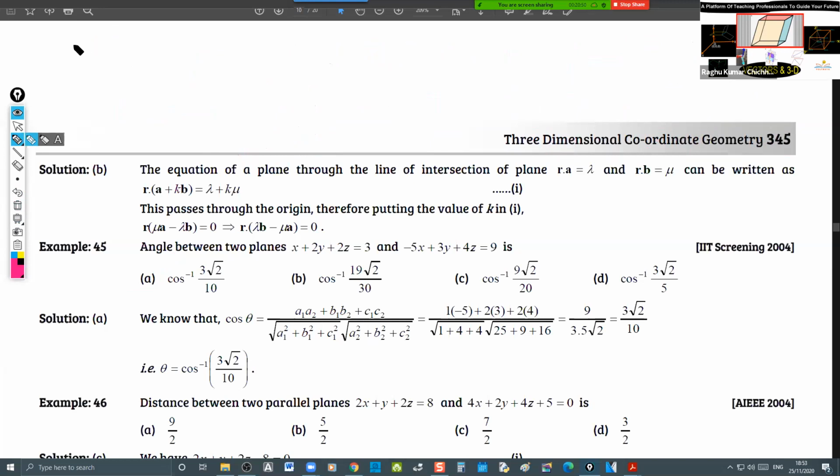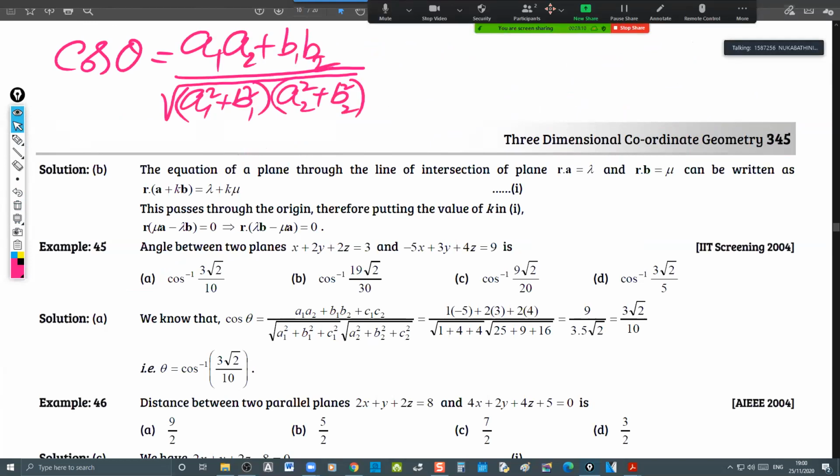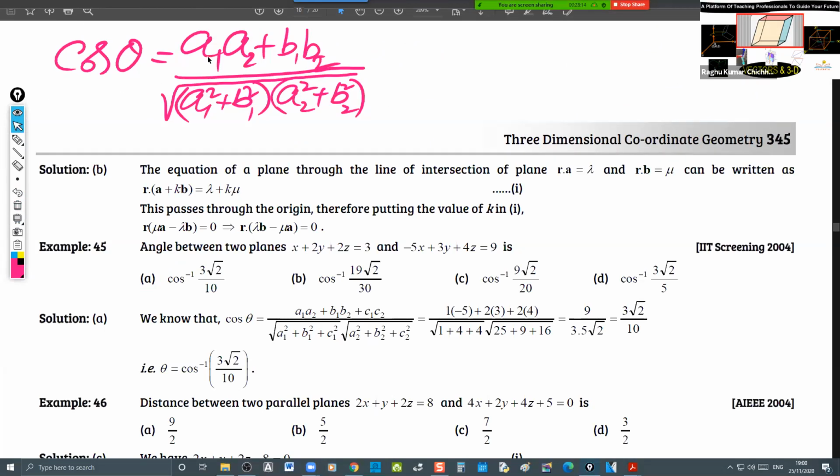For two lines, the angle between them, cos theta is a1 a2 plus b1 b2 by root over a1 square plus b1 square into a2 square plus b2 square.